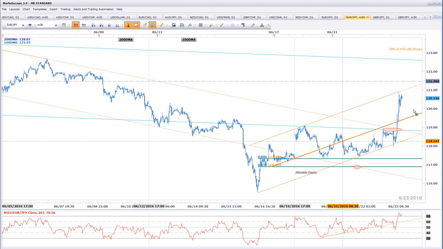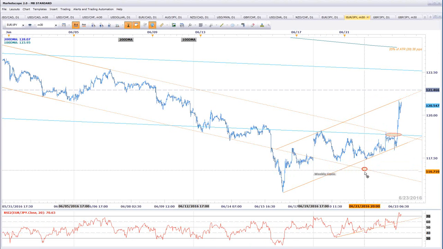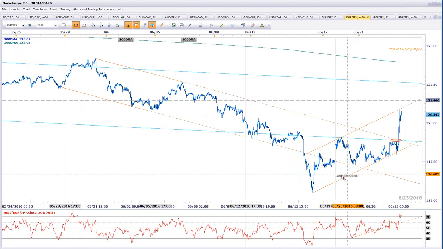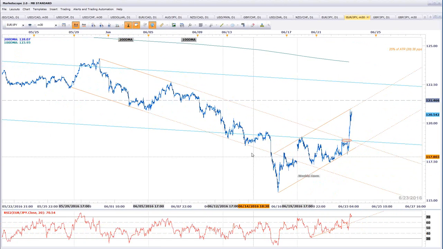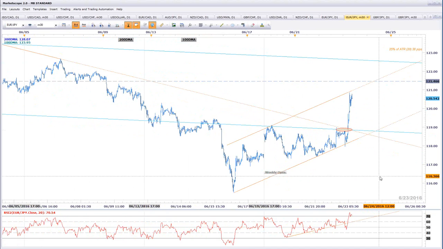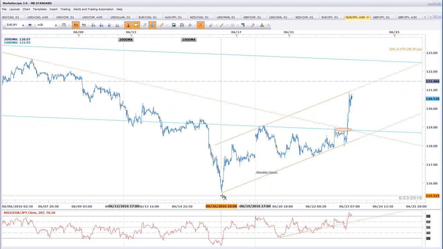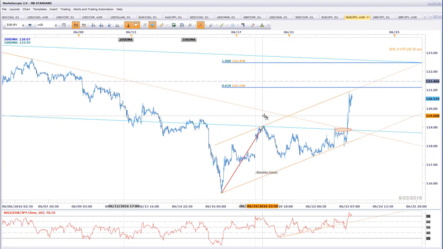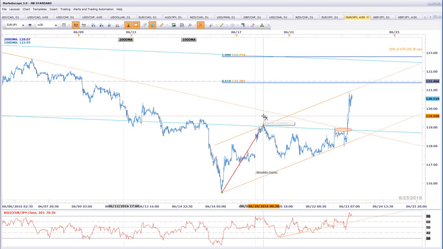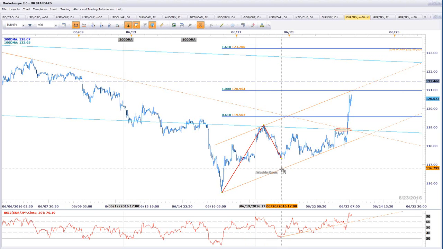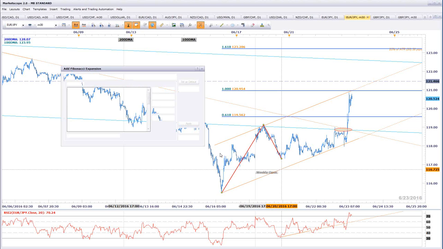Okay, I'm not going to necessarily stress that one, but the channel does look good. This retracement's null and void. Ooh, all right, interesting.